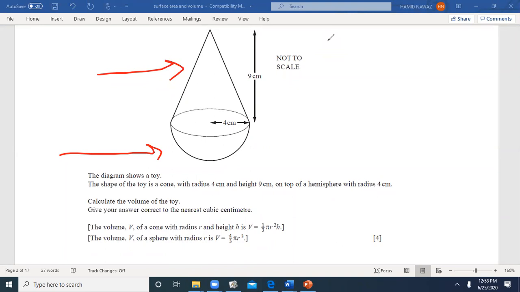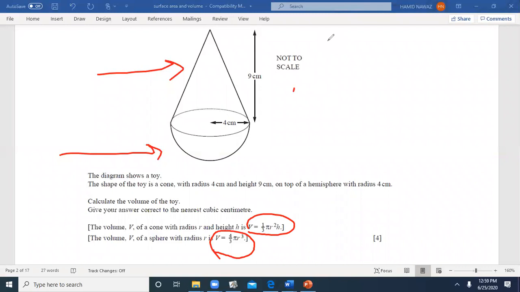Whenever two three-dimensional figures are combined together, we'll find out their volumes separately. So let's find out the volume of the cone using this formula, and again the hemisphere. Keep in mind, you'll find out the volume of hemisphere and you simply add them up to find the total volume of your toy.